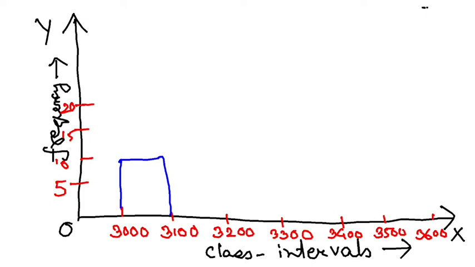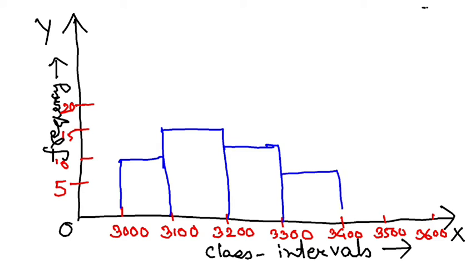The next frequency is 15, so I'll draw 15 here. Next is 12. You all know how to plot these points, right? This is very easy. 12, then you have 8, somewhere here is 8, and then you have 20, so I'll go 20 here, and finally I have 15, so it should be somewhere here.